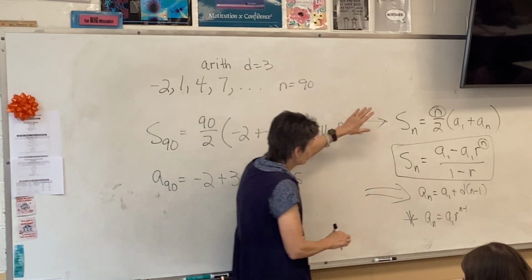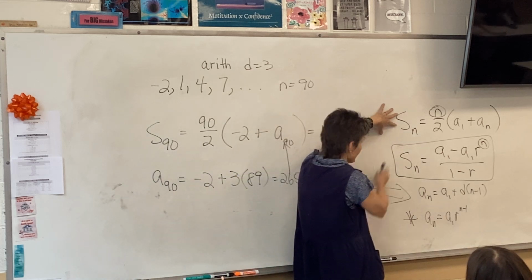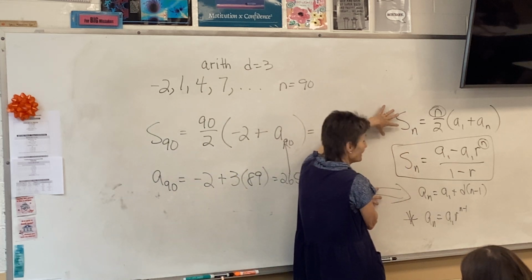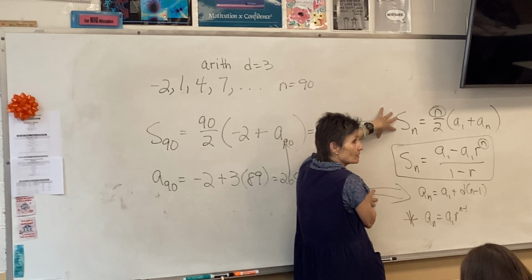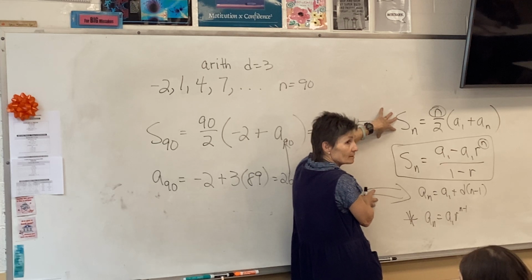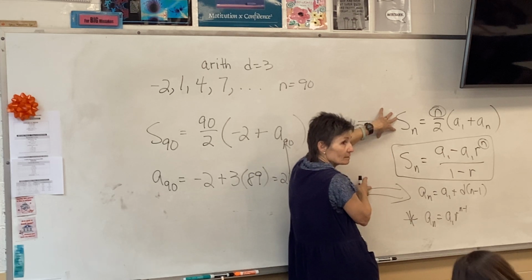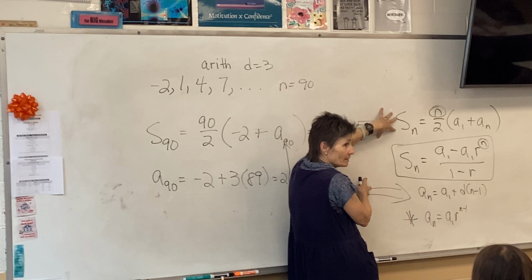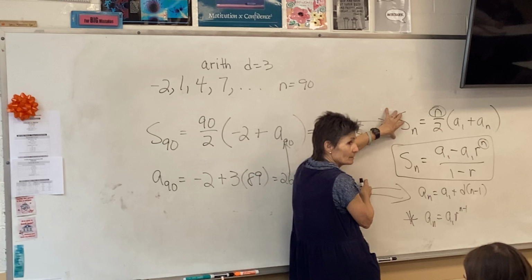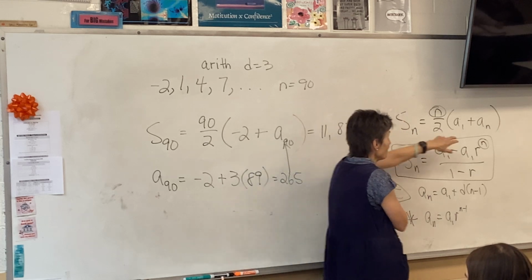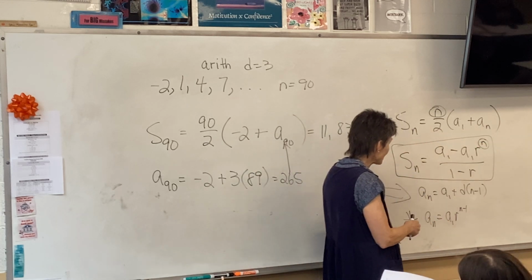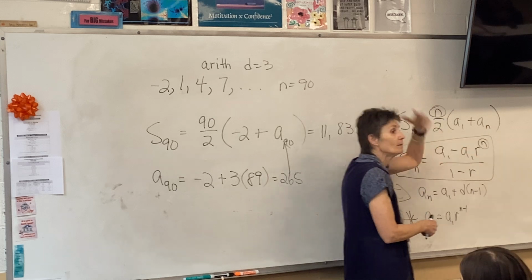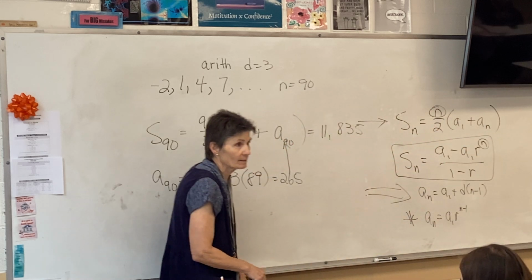Why did I use these 2 formulas? Of my whole list, why did I pick these 2? Because they're arithmetic. The sequence is arithmetic. Okay? This was my answer, but I didn't have that number, so I had to use this formula to find that number, and then I could get my answer.